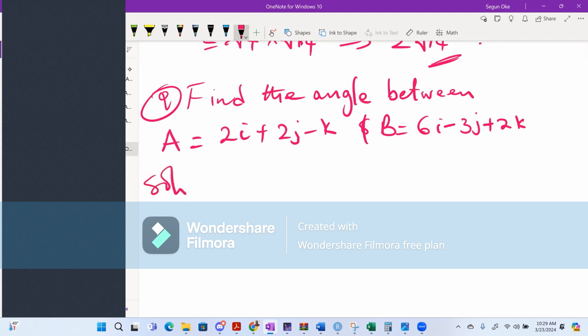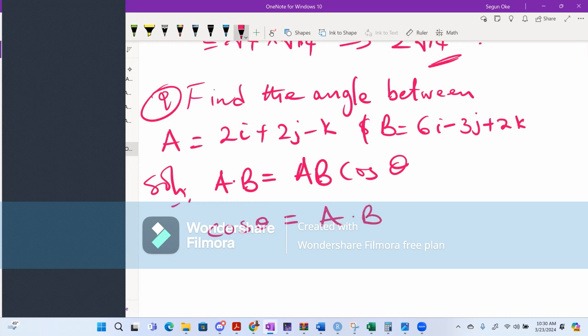The solution will be: A dot B equals AB cos theta, where your cos theta is the same thing as A dot B over AB.